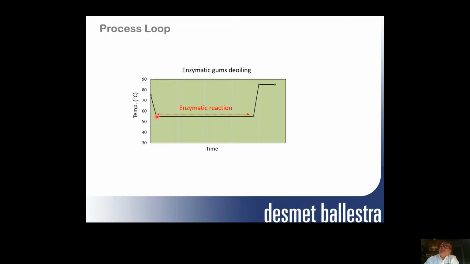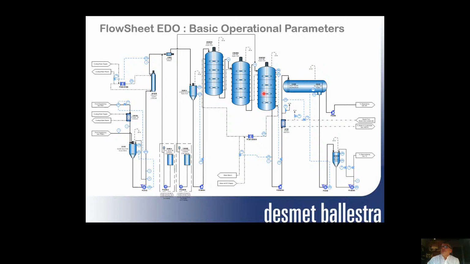It requires a cooling process to get the enzymatic reaction, some time for the enzymatic reaction, but then it is necessary to increase the temperature to break the emulsion and separate the gums more easily. So we increase the temperature up to about 85, 90 degrees to produce the decantation, and that's all.